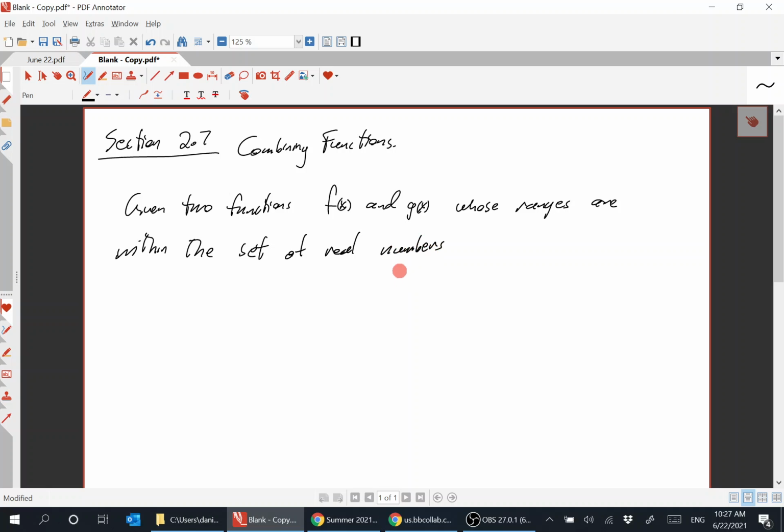If the ranges are not the set of real numbers, then you can't necessarily do this. We can add, subtract, multiply, and divide these functions as follows.